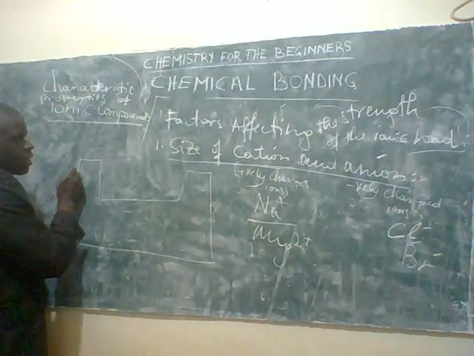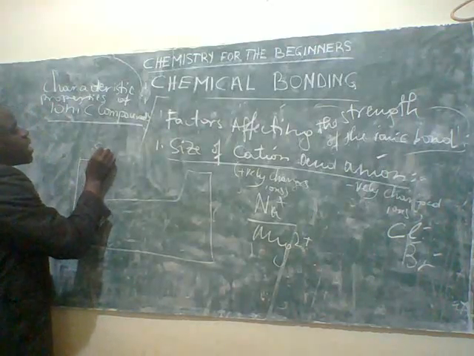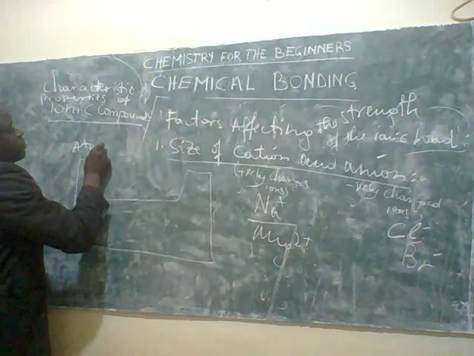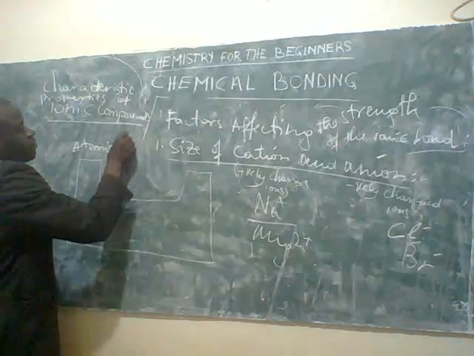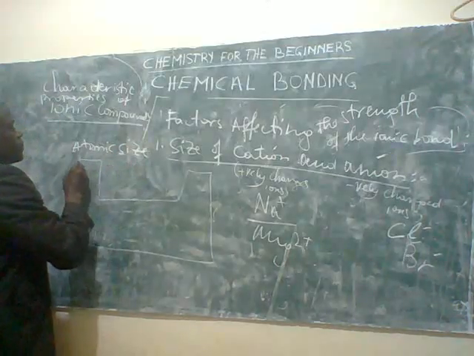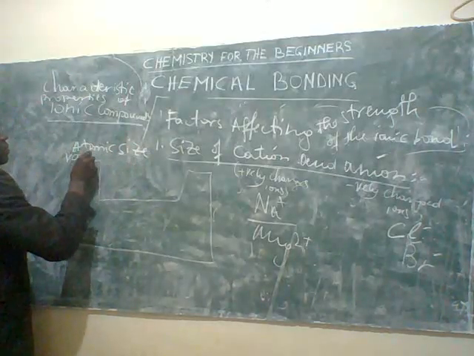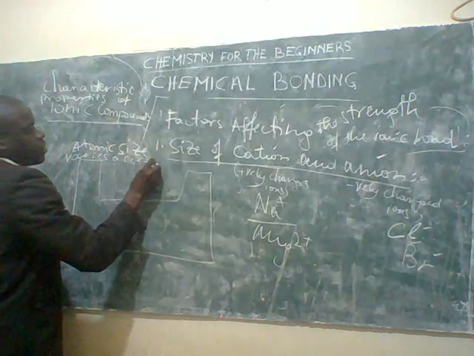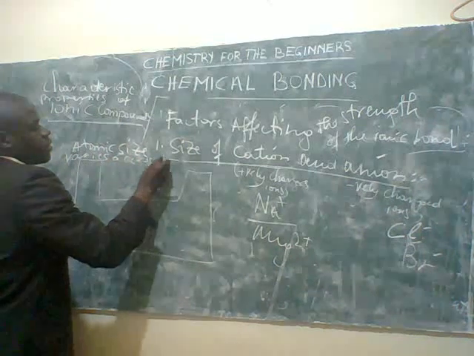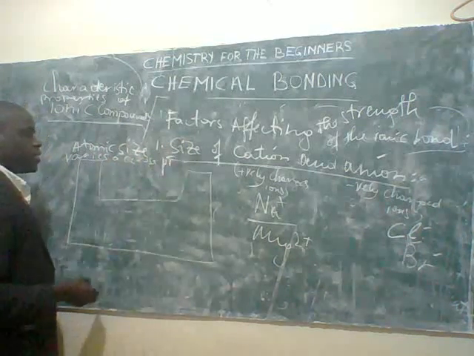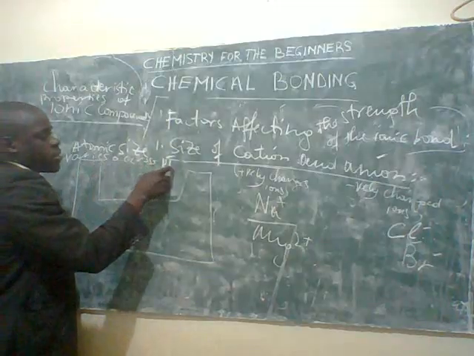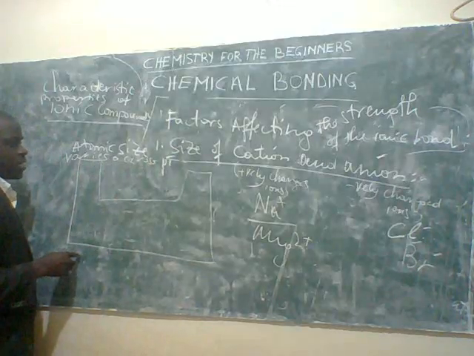From here, how the atomic size varies across the periodic table.